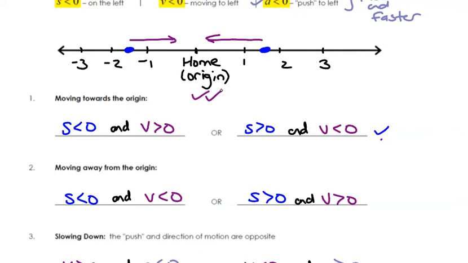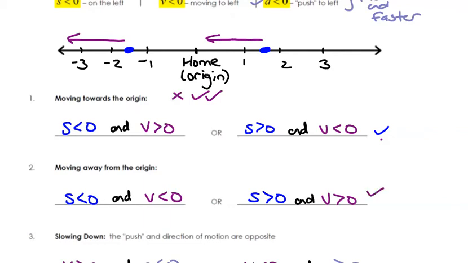Now, number 2 says moving away from the origin. So this is the opposite. Let's just say that in the original case, you have a left position, so in the negatives, but then you're going to move this way because your velocity is negative. So if that's the case, you're actually going away from the origin.